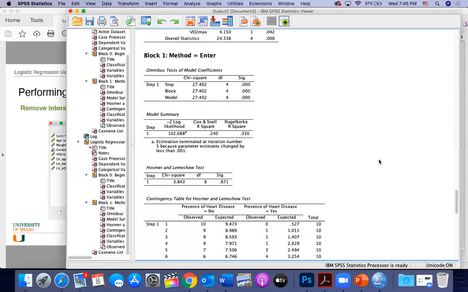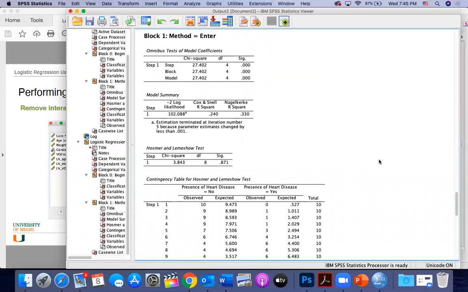So I will focus more on the third part of the output, which is block 1, and it's our original model. In the first table, the omnibus tests of model coefficients, we can see that overall our model is statistically significant, because if we look at the significance column, it is significant based on your alpha level.